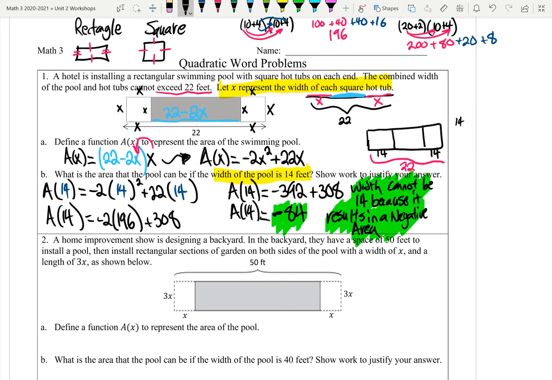Notice 14 and 14 make 28, meaning that just the hot tubs alone are going to be bigger than the room, meaning that this design where x is 14 is invalid. So you would have to say, I'm sorry, customer, you cannot make the width of your pool 14 feet. We're going to have to pick something else.